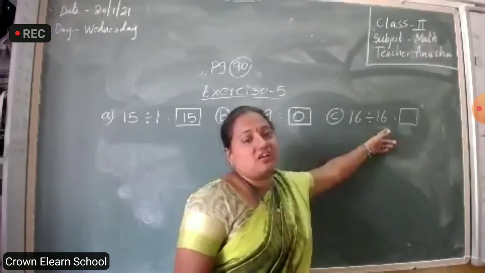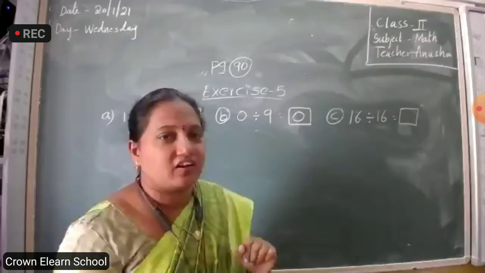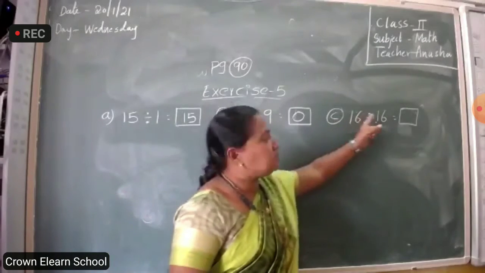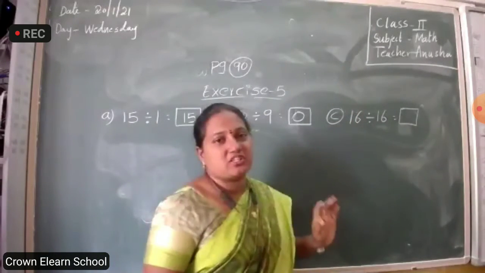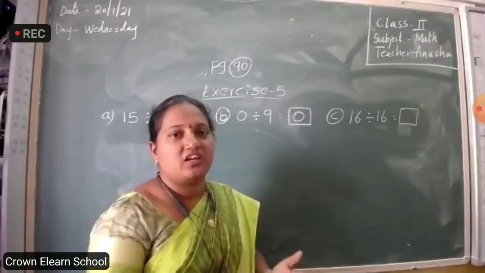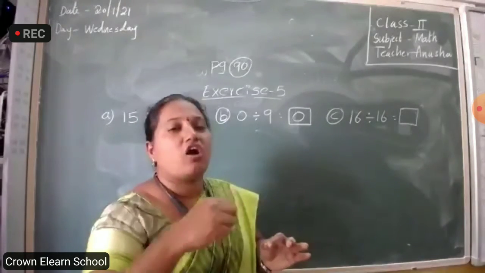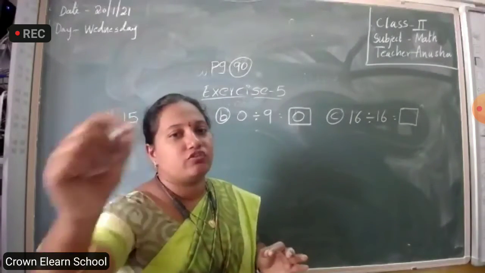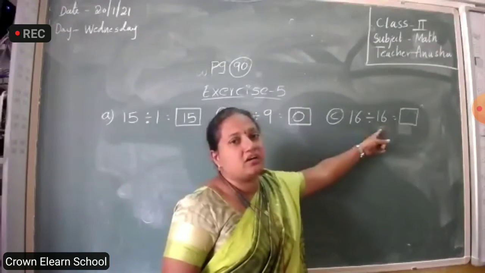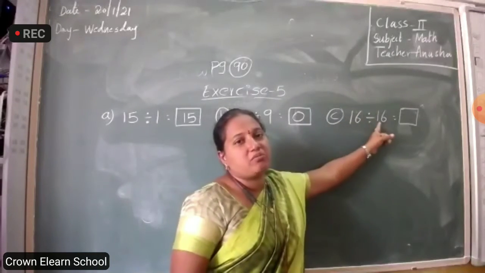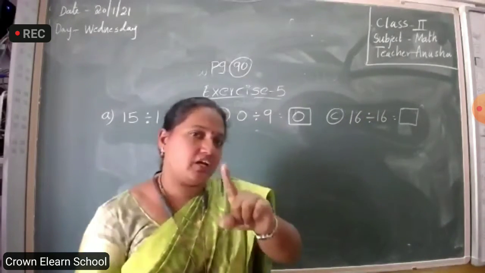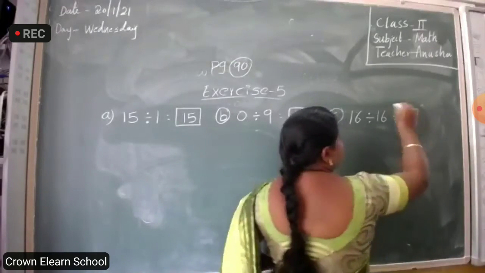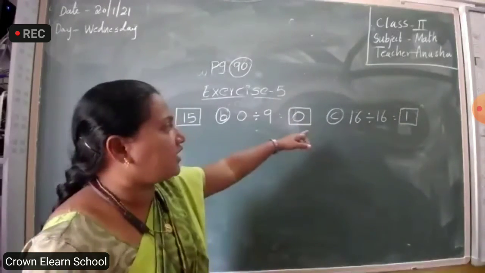Now what is your share? Same number: 16 chocolates and 16 members. So what is your share? You will get 1. When you divide by the same number, you will get 1. What is the answer, Nana, for C? 1. So for C, write 1.